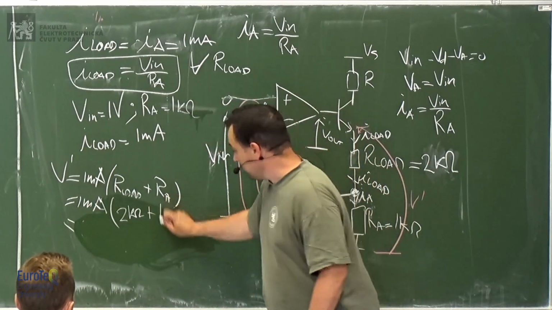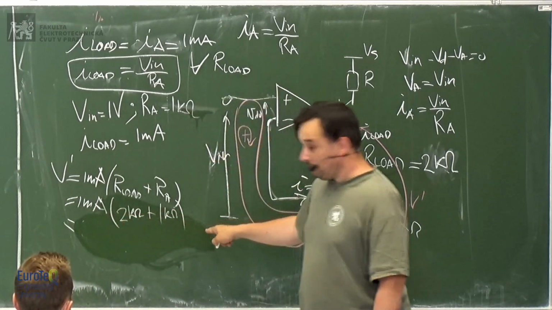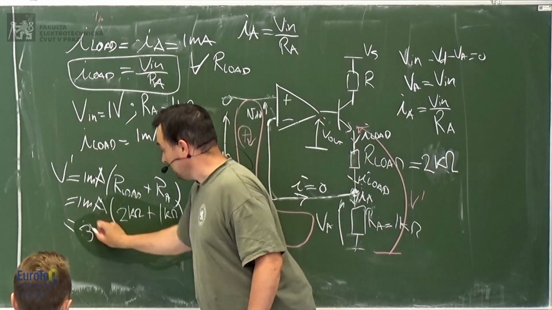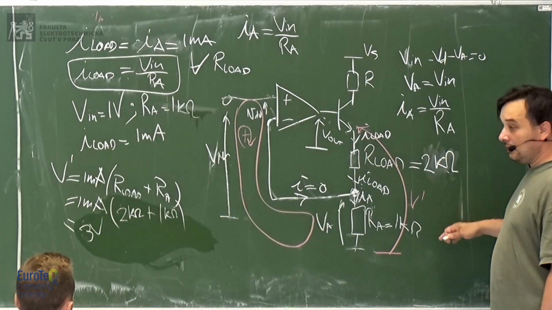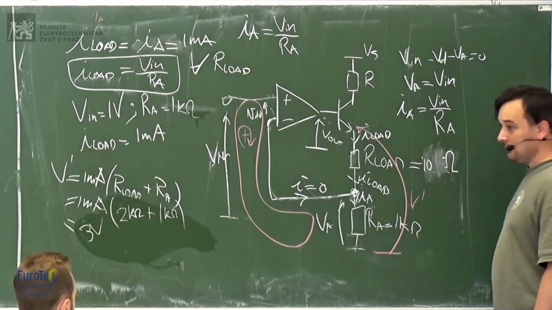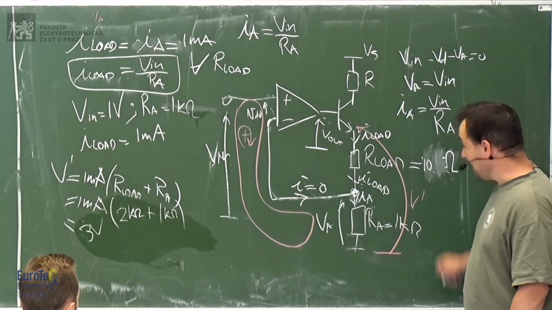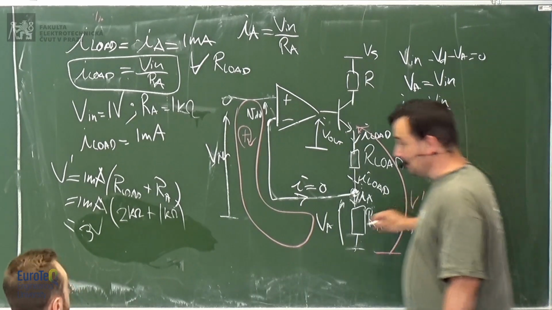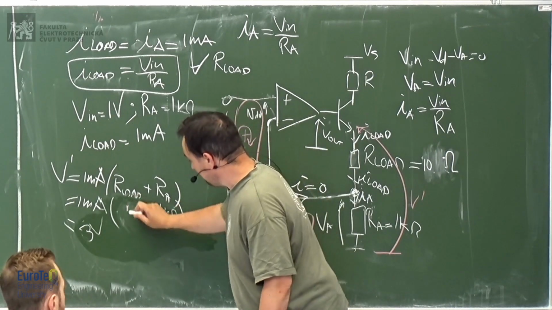RA is 1 kilo ohm still. So you have 3 volts. What if the load becomes, I don't know, 10 ohms? It'll be 10 volts. No, 10 ohms, not 10 kilo ohms. It will drop.